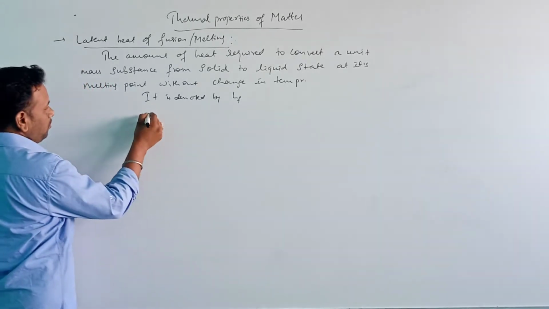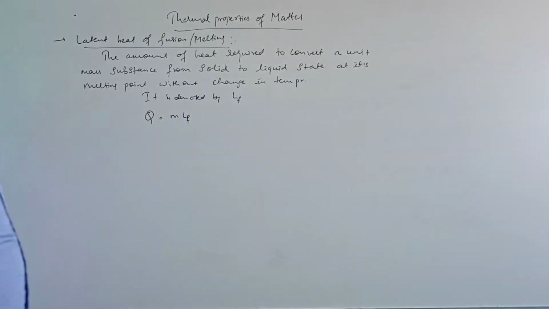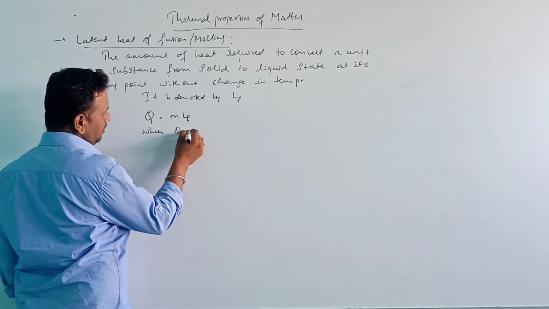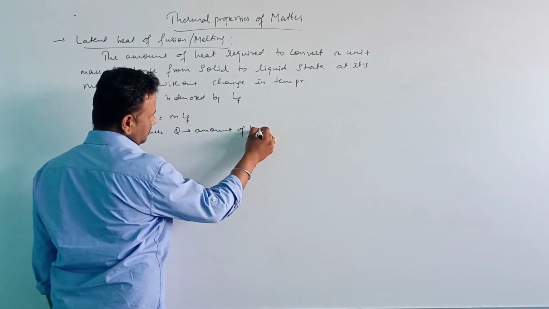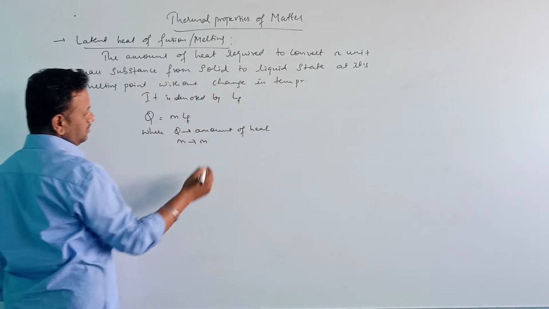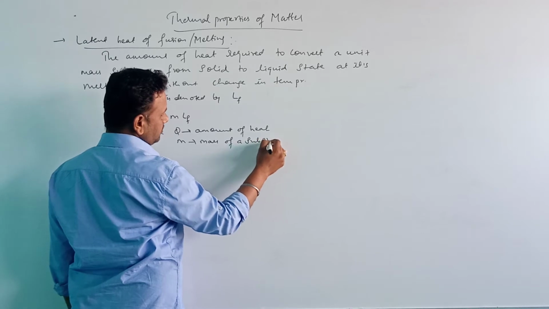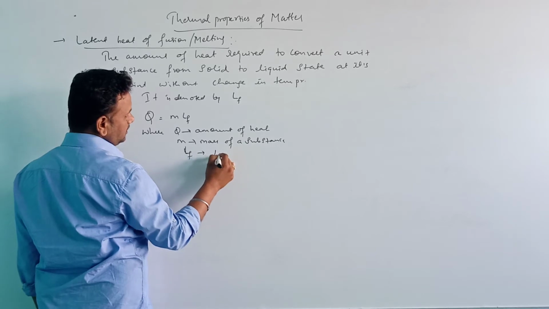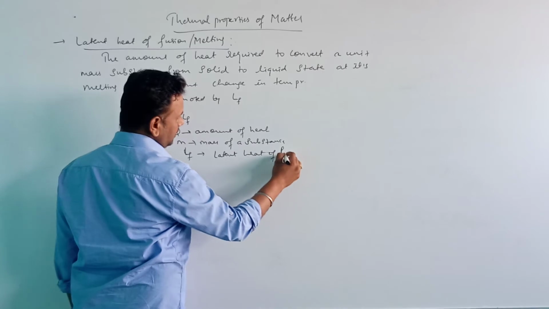That is, Q is equal to M into LF, where Q is the amount of heat, M is the mass of the substance, and LF means latent heat of fusion.